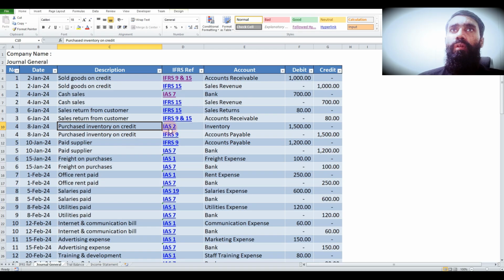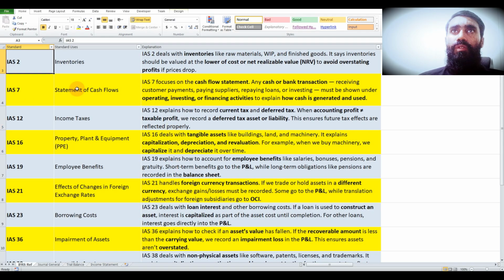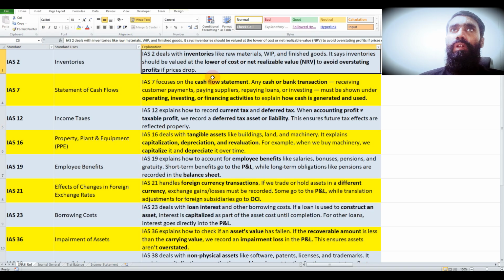Purchase inventory on credit under IAS 2. Inventories deals with our raw material, work in process, and finished goods. It says inventories should be valued at the lower of cost or net realizable value to avoid overstating profits if prices drop.